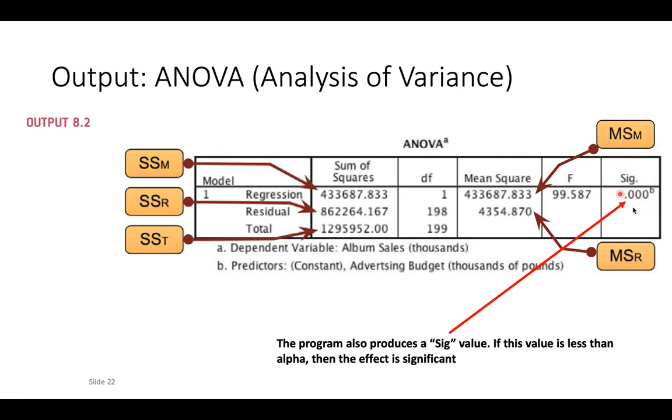If the significance value is less than alpha, then the effect is significant. I'll say that again. If our significance value is lower than alpha, which would be 0.05 or 0.01, then the effect is significant.